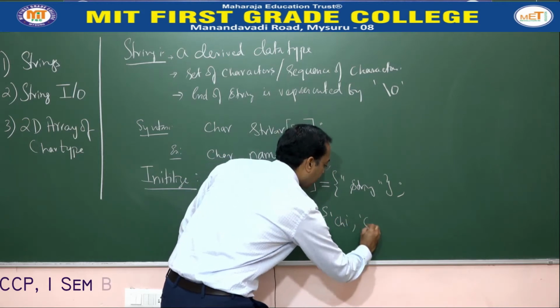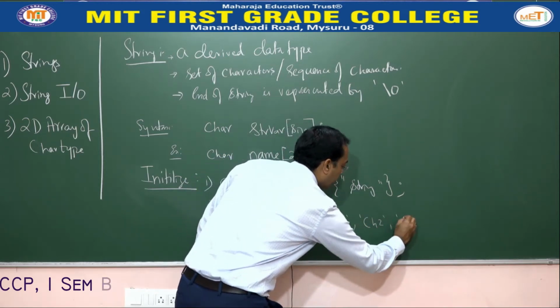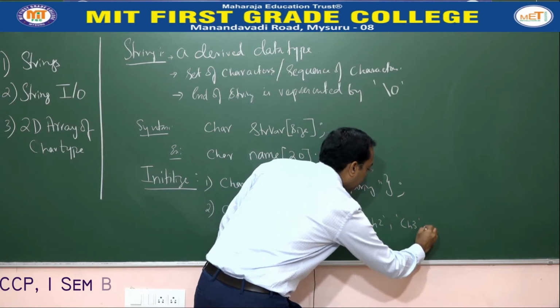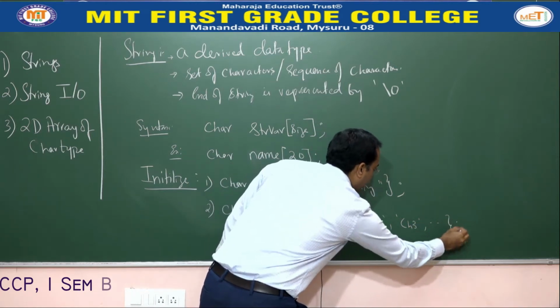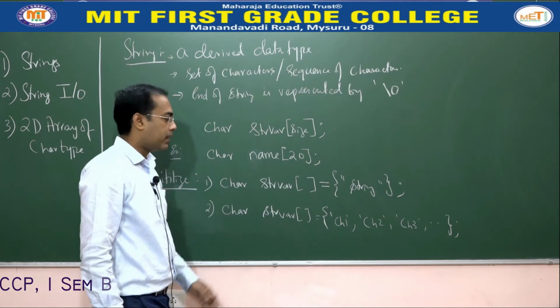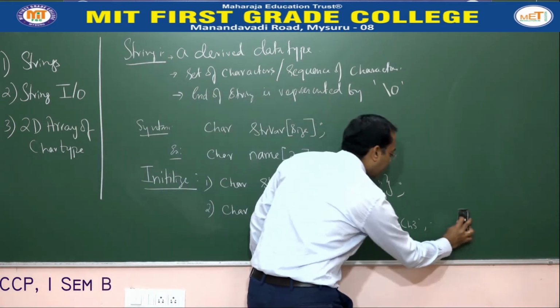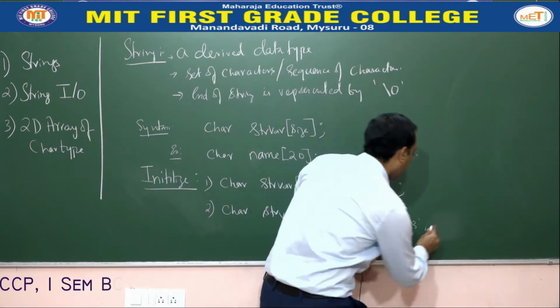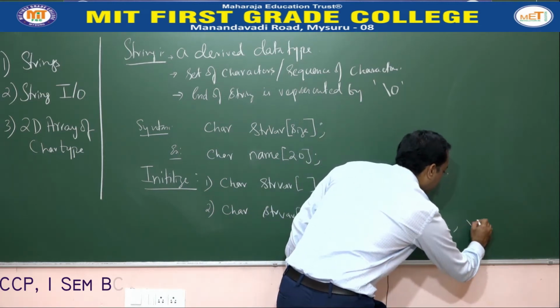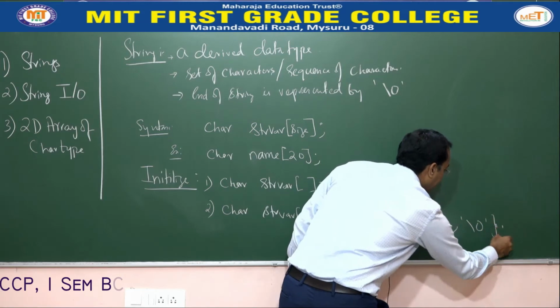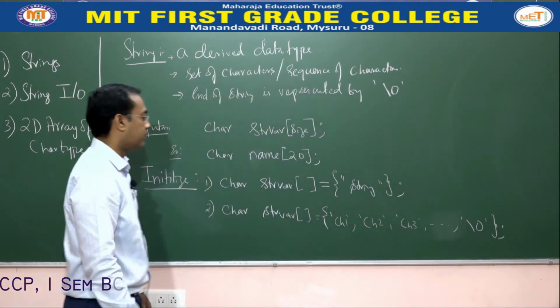So this is character 1, character 2, character 3, and so on. Since it is a string, the last character has to be a \0 to indicate it is the end of the string.